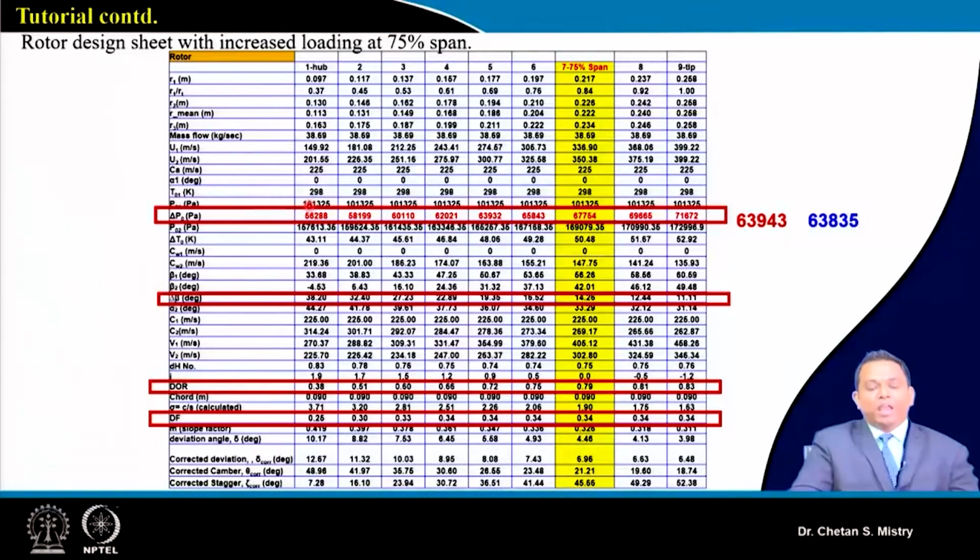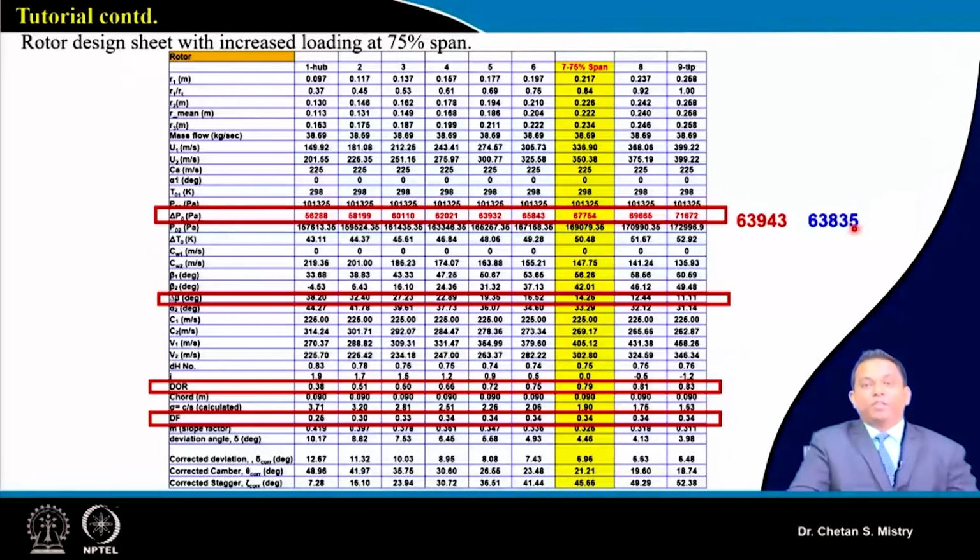Now many times what happens, people realize that if I assume my delta P0 such that you will be setting some trend, and based on that you will be assuming this number. No, it's preferred that we check how my angles are varying, how my velocity components are varying, and based on that only you assume these numbers. Be careful about this aspect.